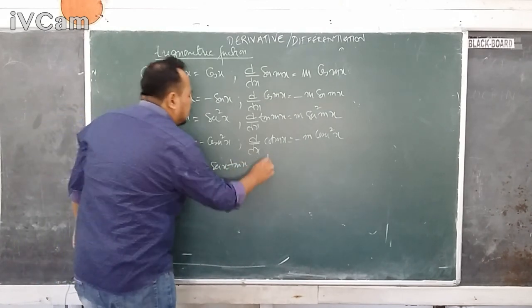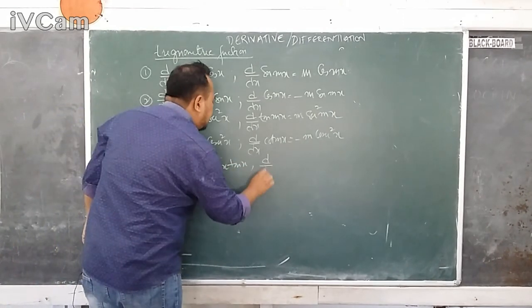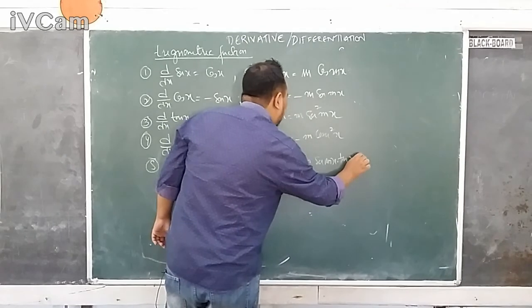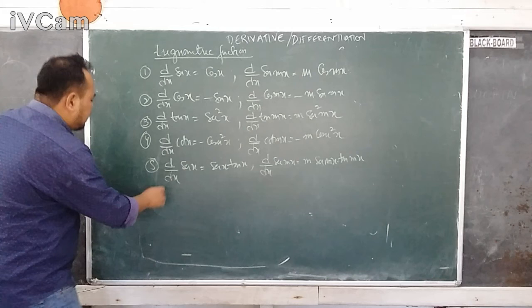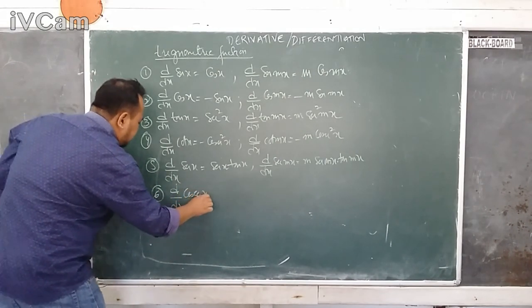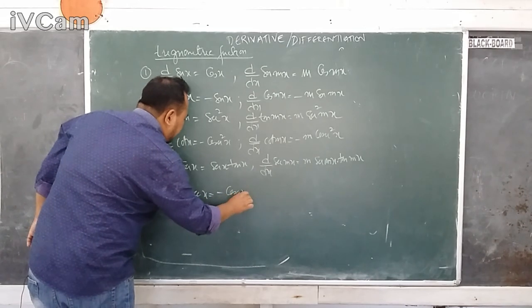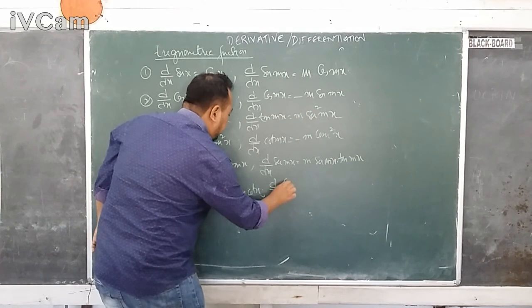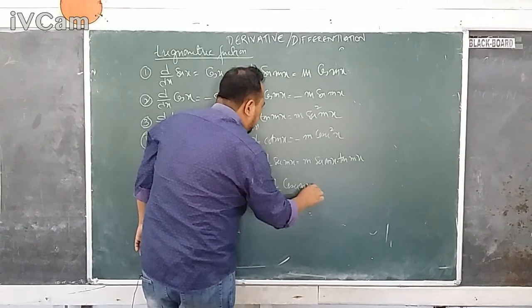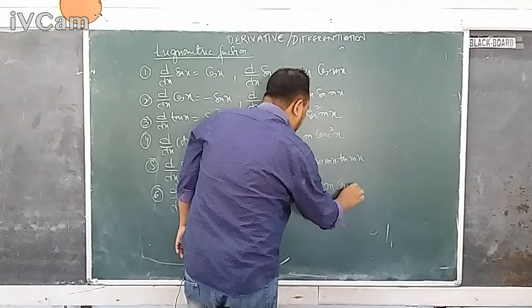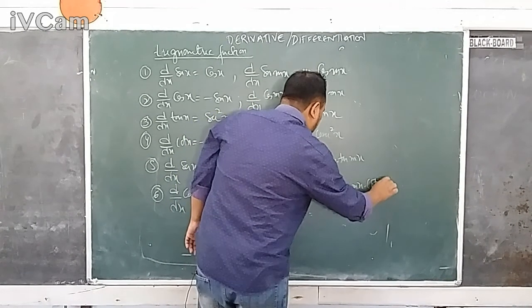Similarly, d by dx of sec mx is m times sec mx into tan mx. And the last formula, formula number 6, d by dx of cosec x will be minus cosec x into cot x. So d by dx of cosec mx will be minus m cosec mx into cot mx.